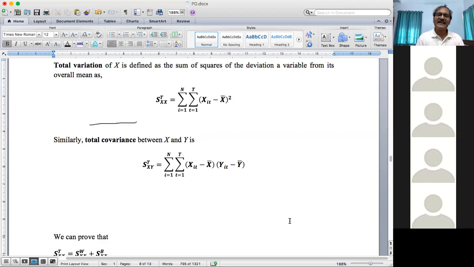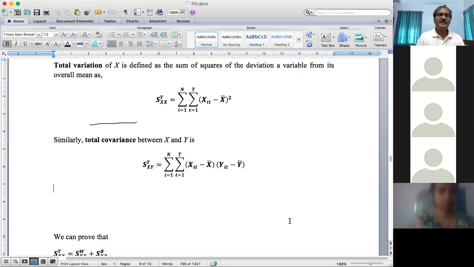But if you have panel data, you have three types of mean value. You can calculate three types of variance and three types of covariance, and accordingly you may have three types of regression coefficients. One regression coefficient may relate to the variance and covariance of the within group mean.